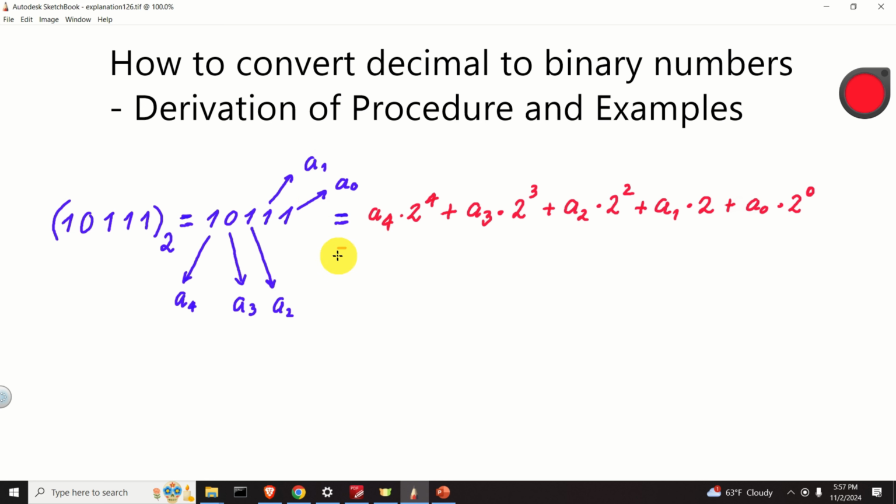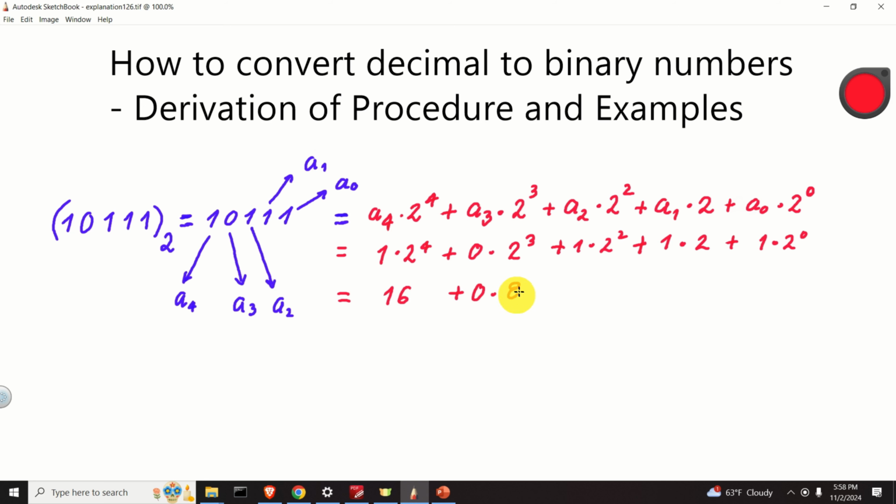Over here we have 1 multiplying 2 to the power 4 plus 0 multiplying 2 to the power 3 plus 1 multiplying 2 to the power 2 plus 1 multiplying 2 to the power 1 plus 1 multiplying 2 to the power 0. And let's calculate this. Over here we will have 16. Over here we will have 0 multiplying 8.